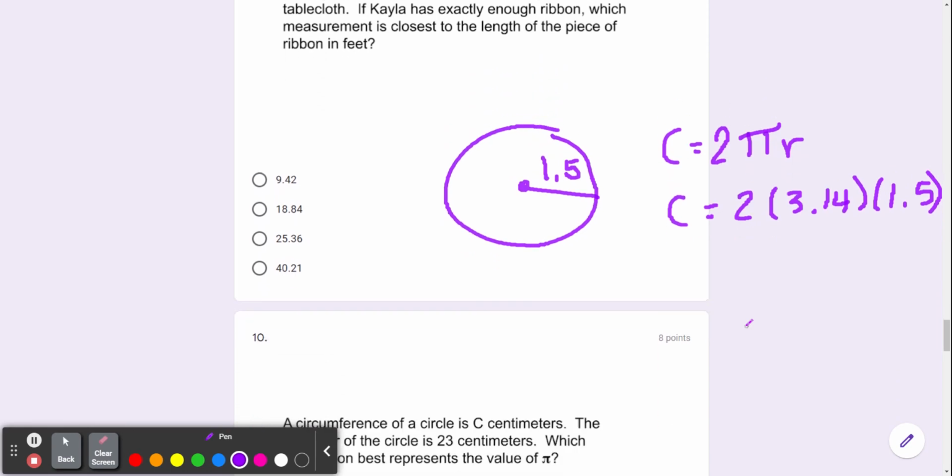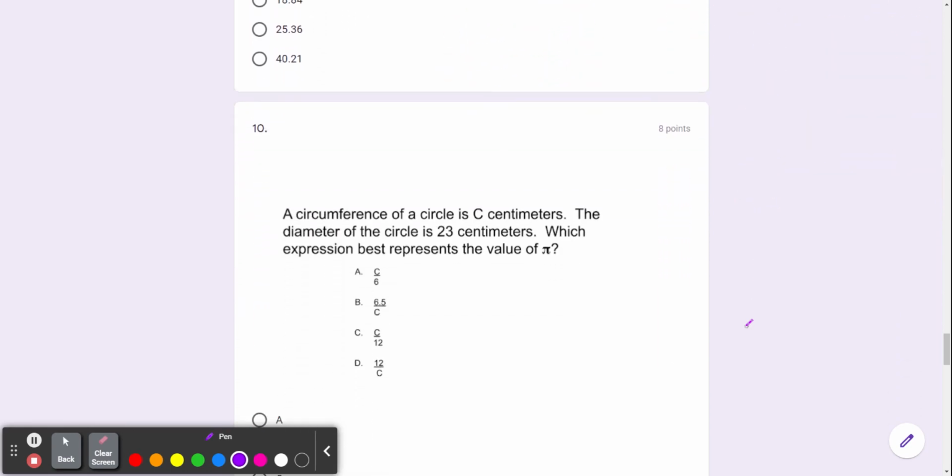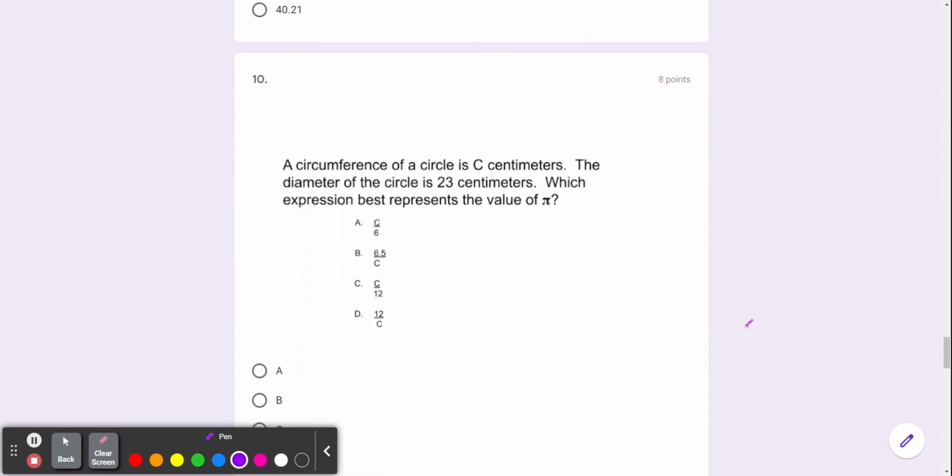All right, next. Number 10. The circumference of a circle is c centimeters. The diameter of the circle is 23 centimeters. Which expression best represents the value of pi? So I've got a circle that has a diameter of 23 centimeters.